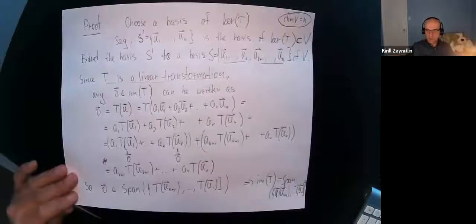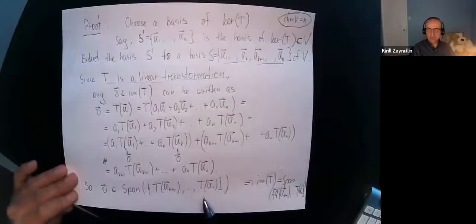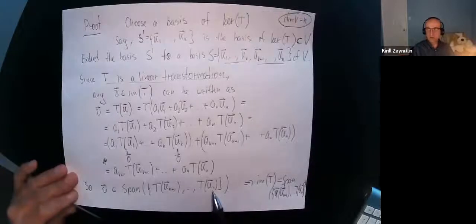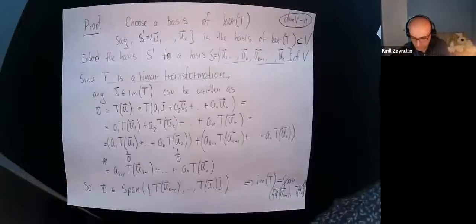Good. So now we know how to describe the image: it's a linear span of those vectors. Now what we would like to show is that those vectors are indeed linearly independent. So let me do this.